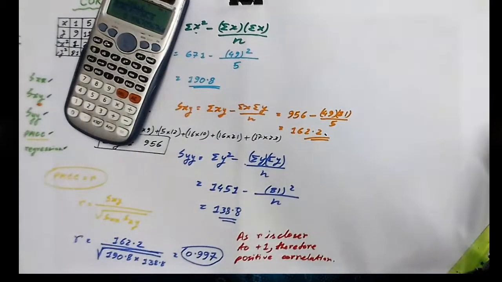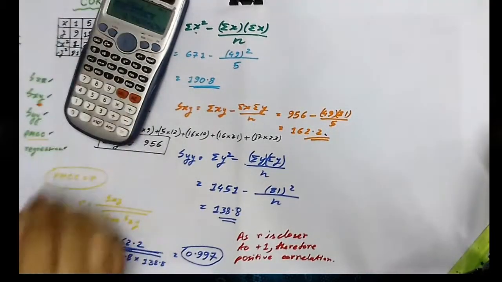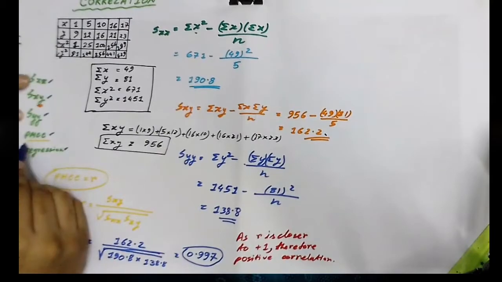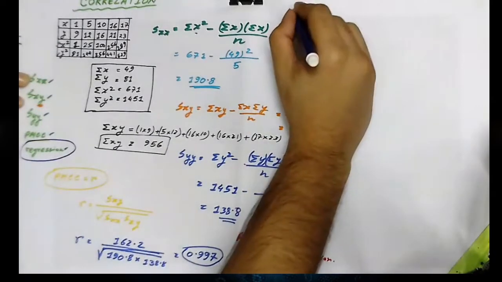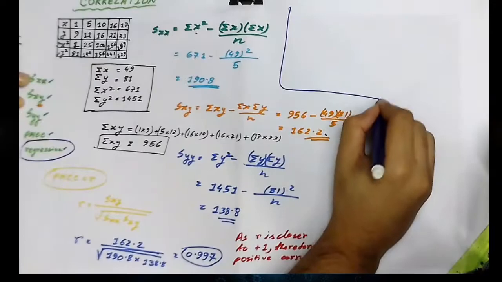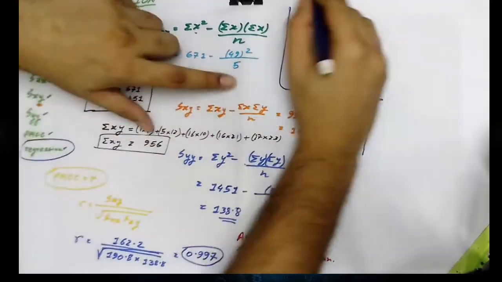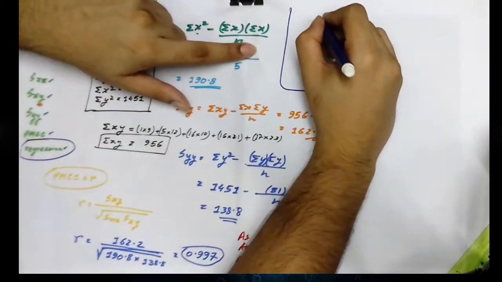This is actually a statement which we often need to write to show whether the correlation is positive or negative. Now to continue with line of regression, I'll just draw some extra space here.